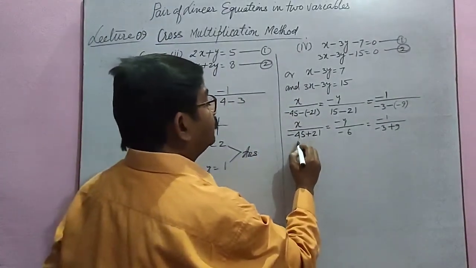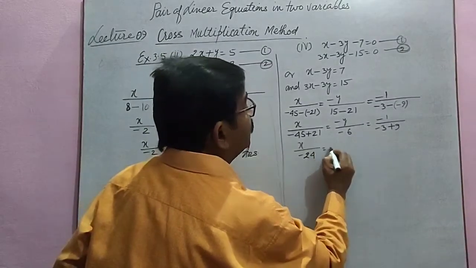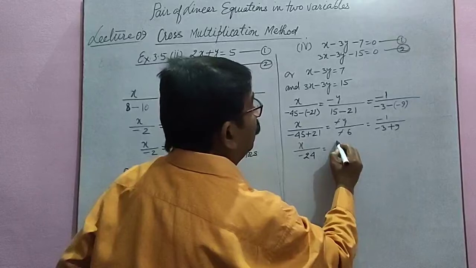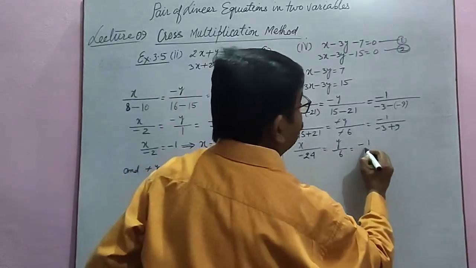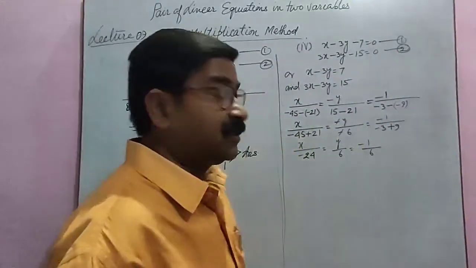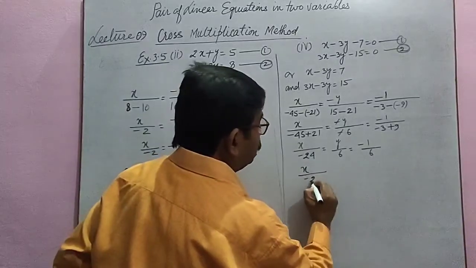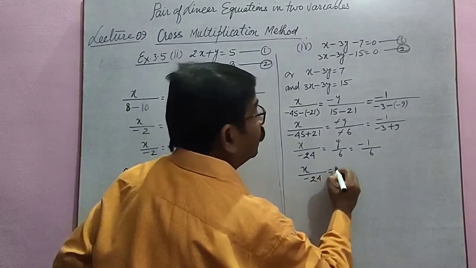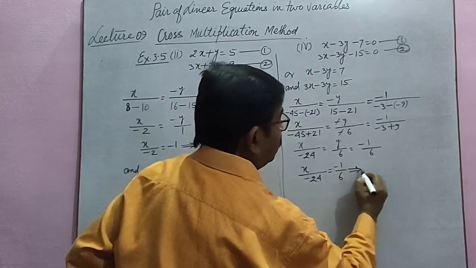So we have x upon minus 24 is equal to, this minus and minus will go, y upon 6 is equal to minus 1 upon 6. Taking first and last, x upon minus 24 is equal to minus 1 upon 6. Cross multiply.